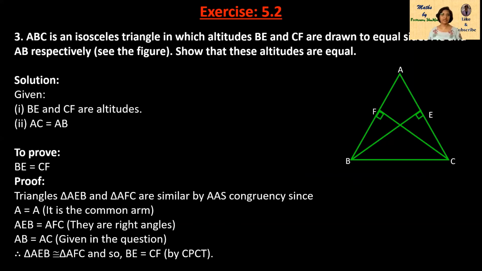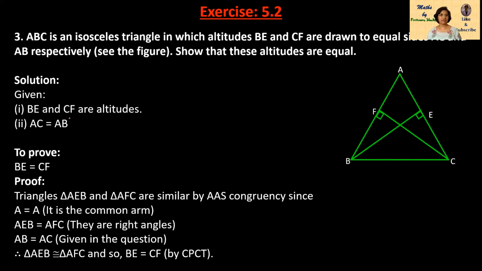Next question. ABC is an isosceles triangle in which altitudes BE and CF are drawn to the equal sides AC and AB respectively. Show that these altitudes are equal. Altitude lines are the lines which make 90 degrees, drawn from a vertex to the opposite side. So BE and CF are the altitudes.